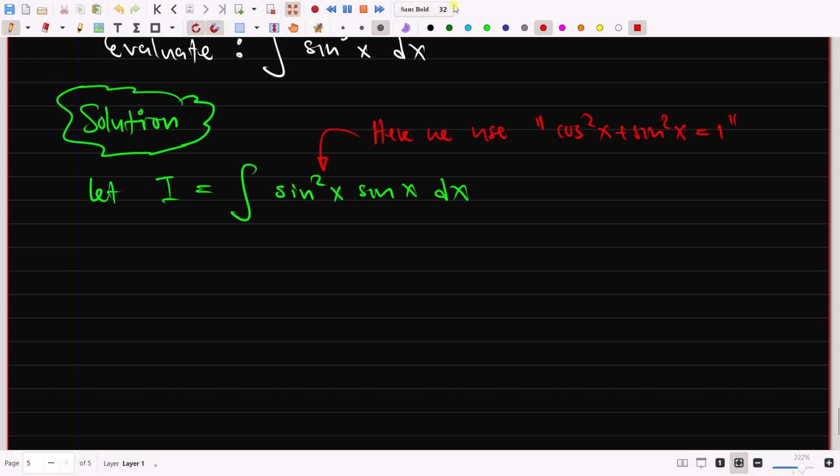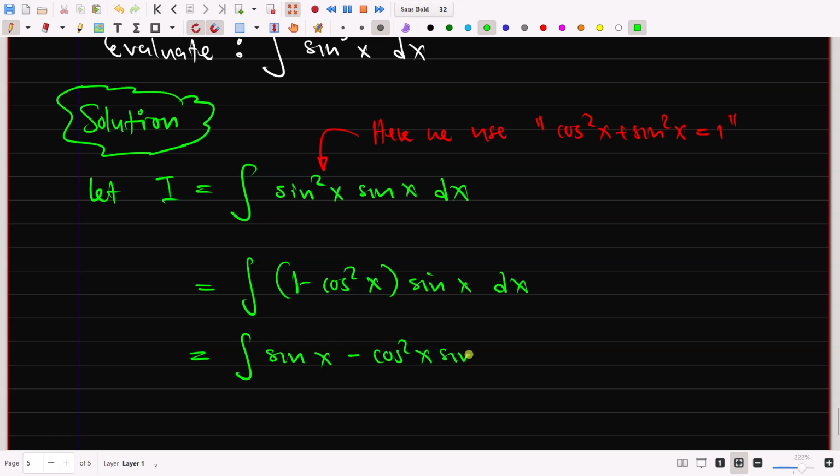Now it's time to just integrate these. The integral of sine x is minus cos x. The other term resembles the result that we have written already. Let's recheck.